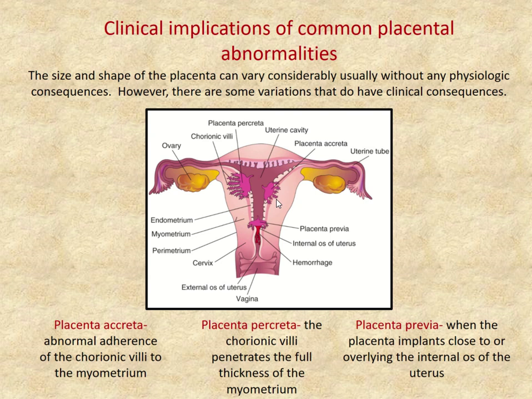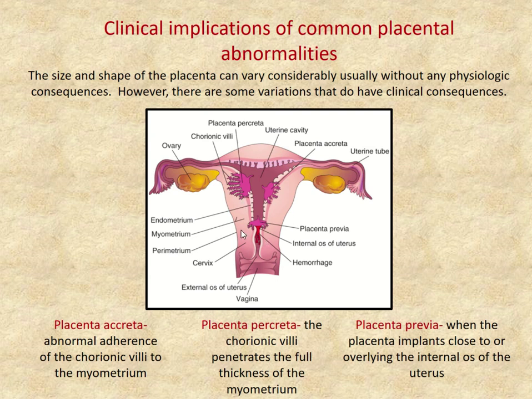Unfortunately, it's not always that case, but you can sometimes have just abnormal adherence of the placenta, which you can maybe remove without losing too much of the myometrium. But it is possible that you may have to remove large amounts of the uterus, or even the uterus, if you cannot remove the placenta in any other way.